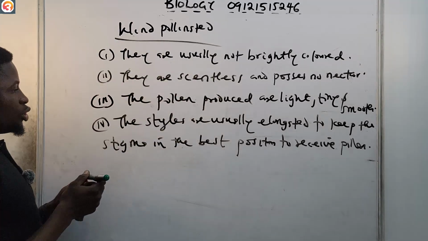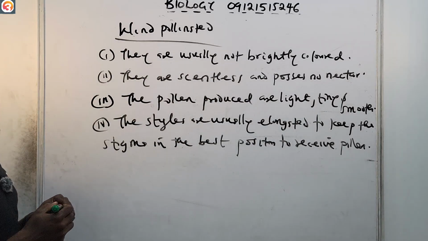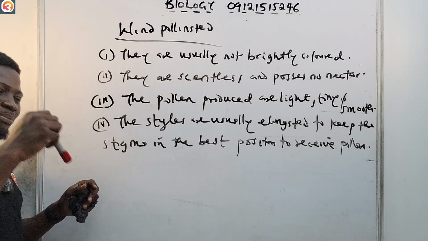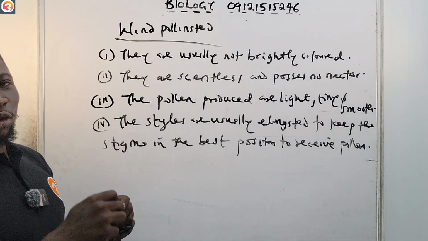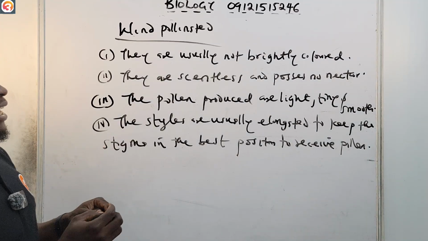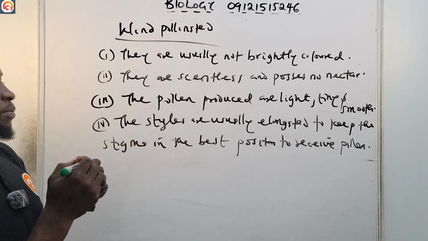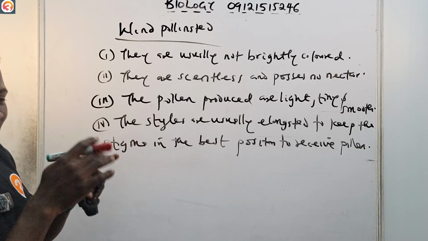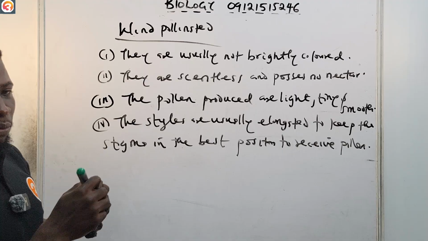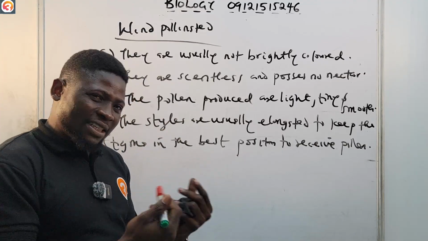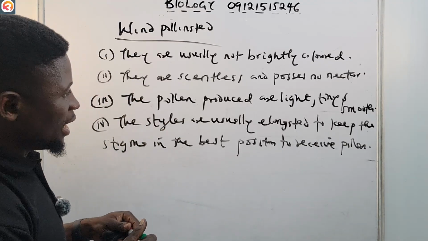Okay. So the styles are usually elongated to keep the stigma in the best position to receive what? Pollen. All right. So that's another characteristic. The style has to be well positioned. The stigma has to be in the best position to receive the pollen from the anther.